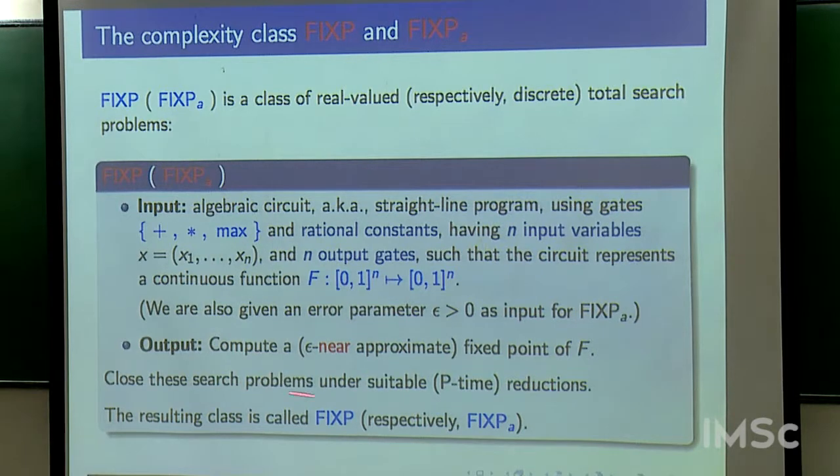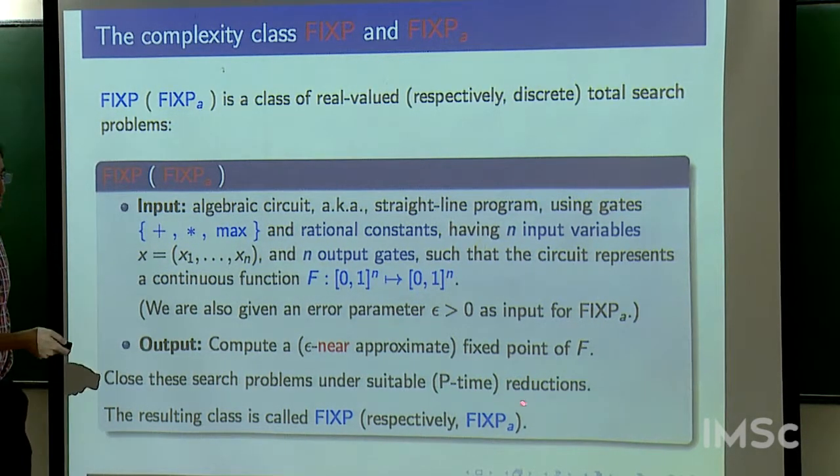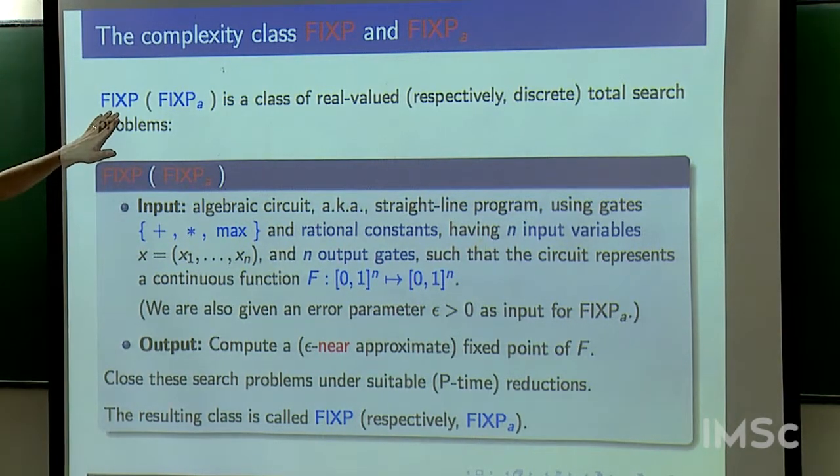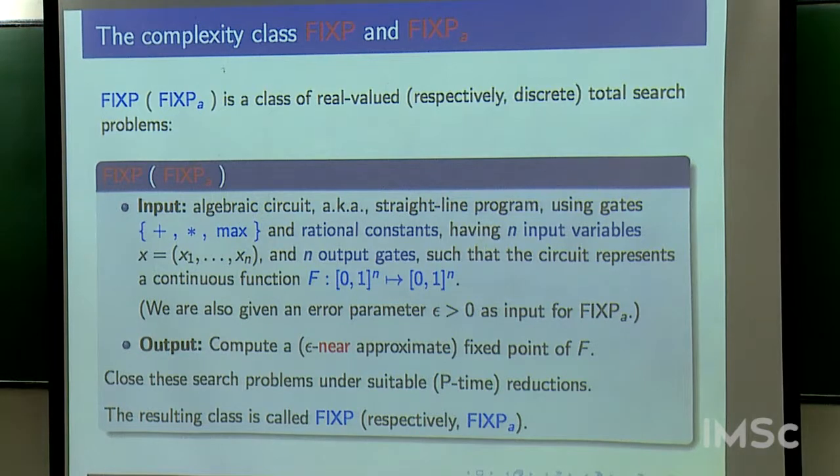And we close these problems under suitable polynomial time reductions, so let me be a little more specific. In the case of FIXP, we have to be a little careful because this is a real valued search problem. So what kinds of reductions are we talking about? I start with some real valued search problem.